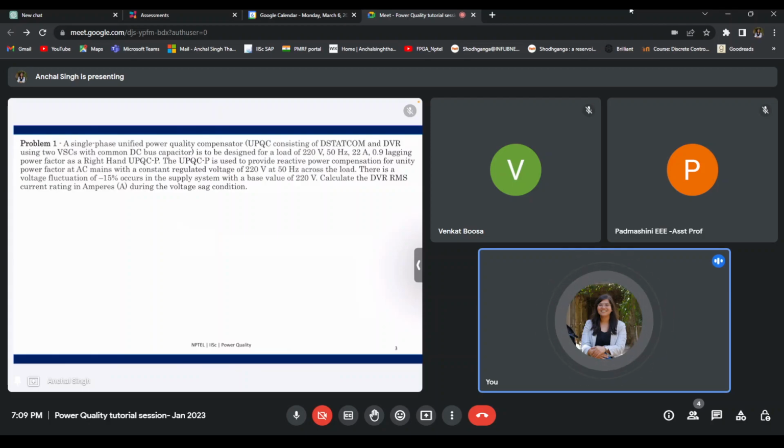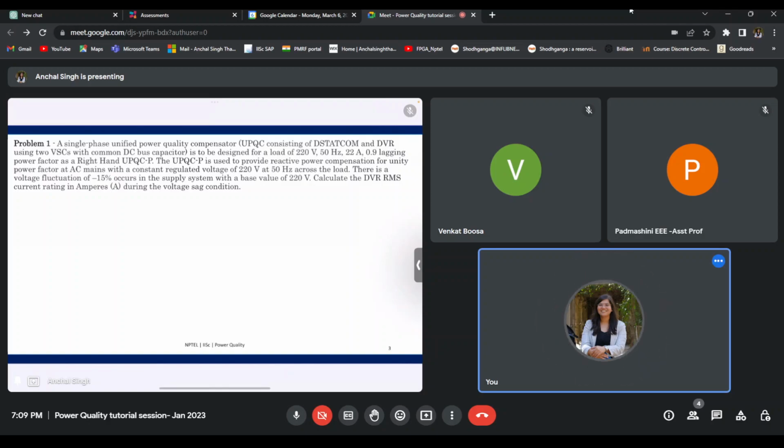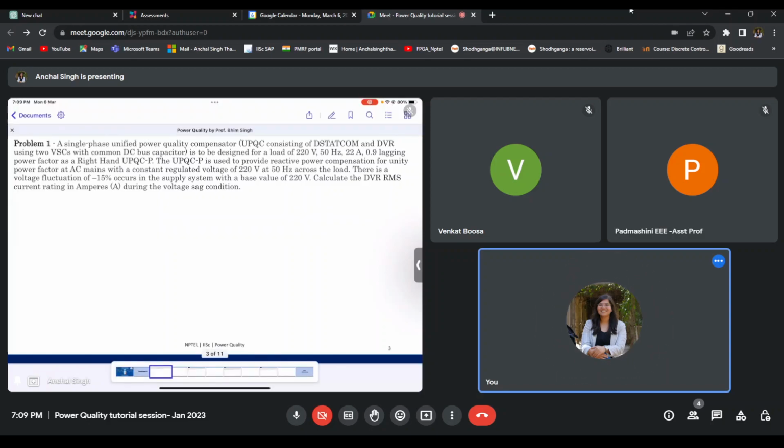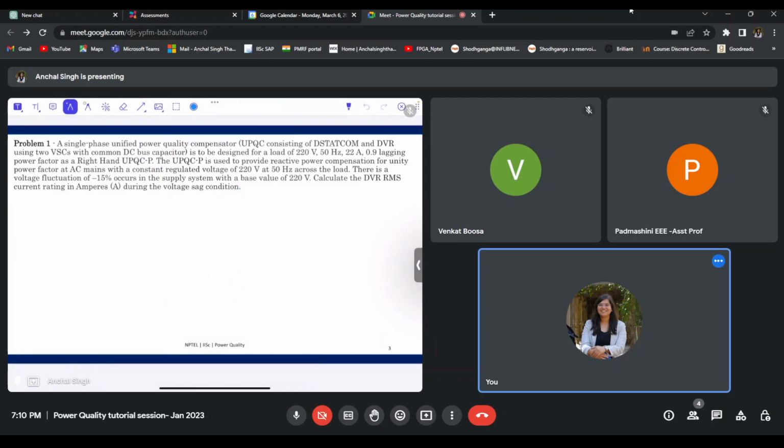A single phase UPQC consisting of DSTATCOM and DVR, using two voltage source converters with a common DC bus capacitor, is to be designed for a load of 220 volts, 50 hertz, 22 amperes and 0.8 lagging power factor.